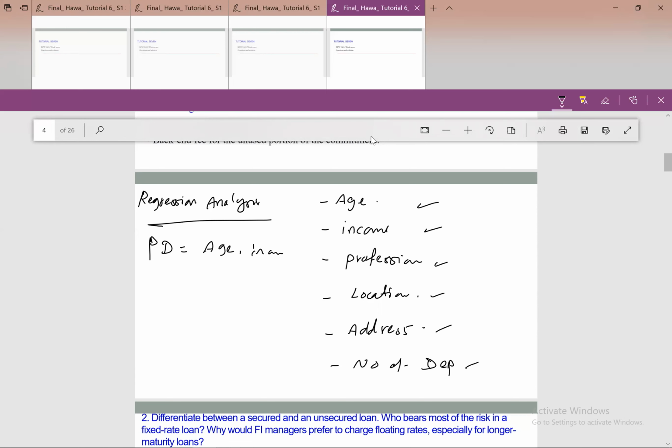You can add as many as you can. The regression will tell you which one is important and which one carries the highest weight.